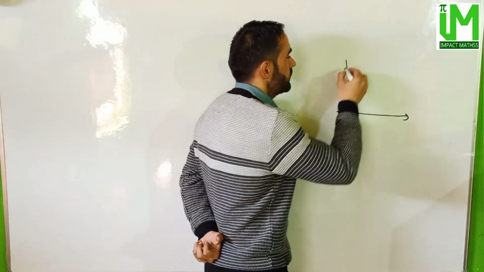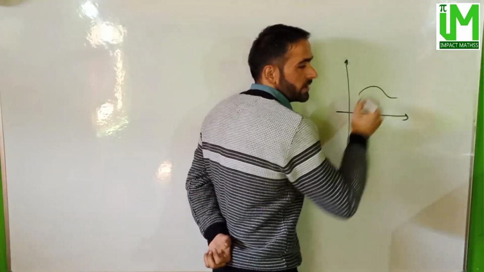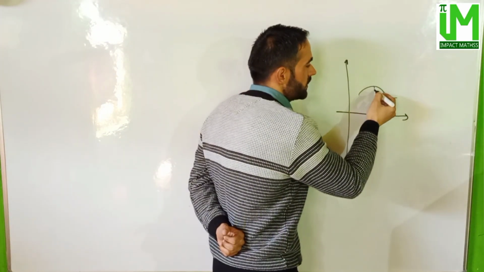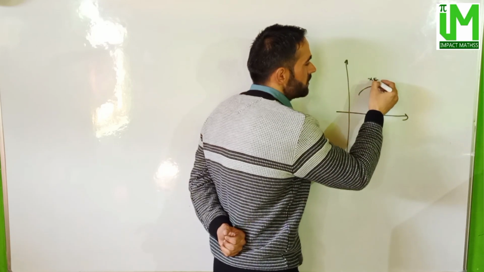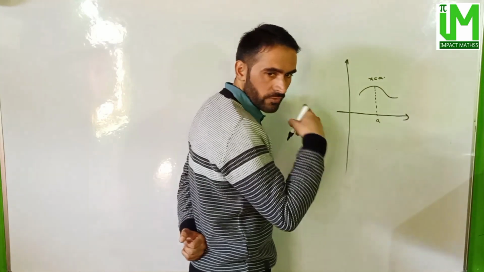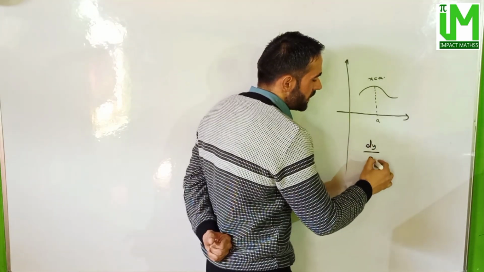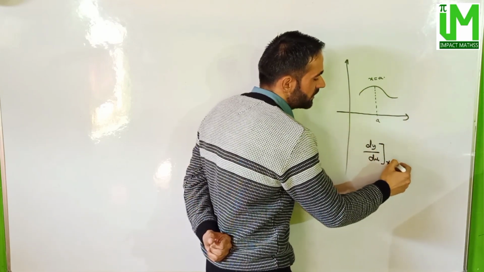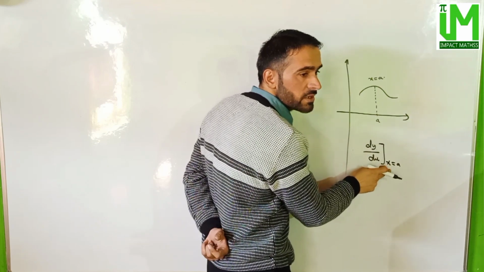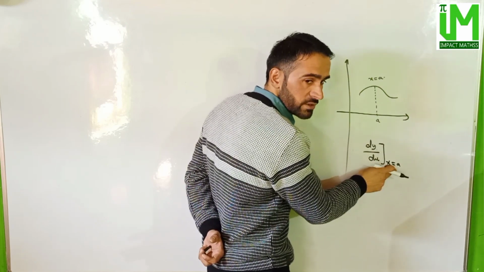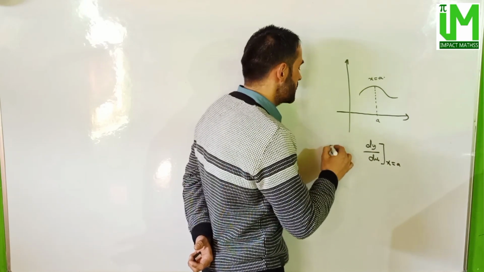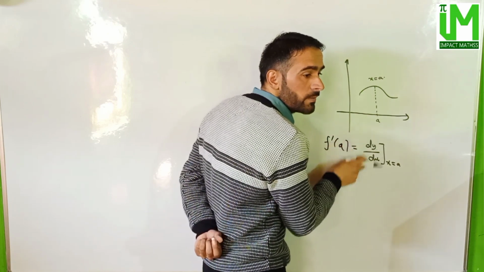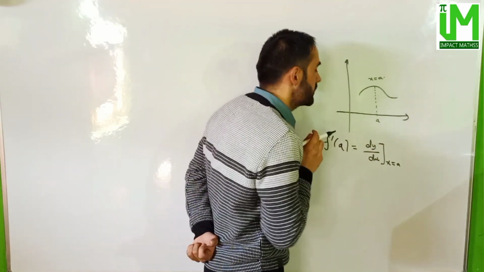Suppose this is the function, and A is any point within its domain, at the point x is equal to A. Then if we write dy by dx, the differentiation or derivative of the function at a particular point x is equal to A, that is denoted by dy by dx at x is equal to A. Simultaneously we can write f dash of A, which will be equal to dy by dx at x is equal to A.